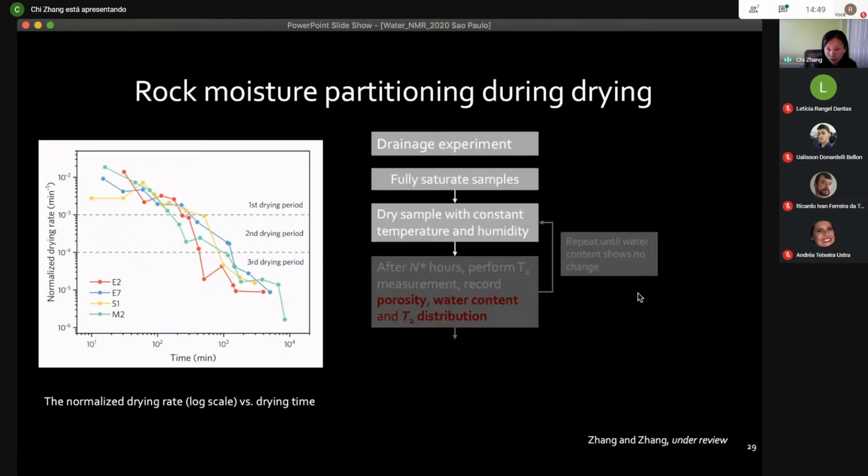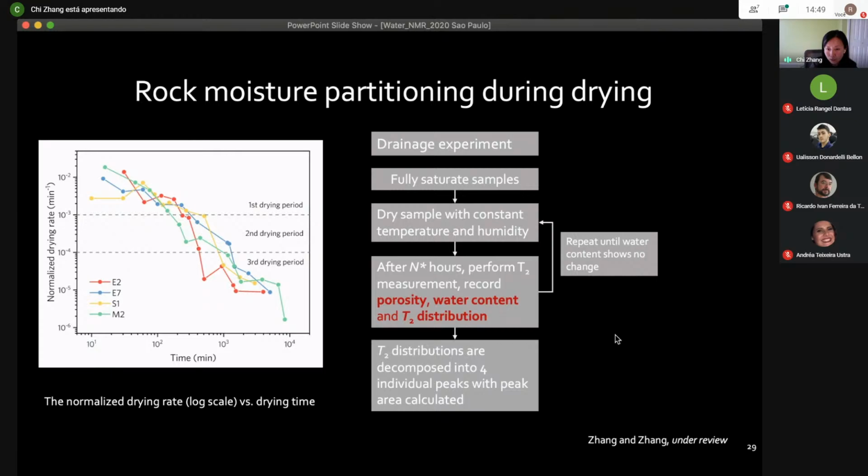For the drying experiment, here I summarize what we have done using NMR. At each of these drying sampling times, we took the sample out and performed the T2 relaxation time measurement, and we recorded the porosity, water content, as well as the T2 distribution.